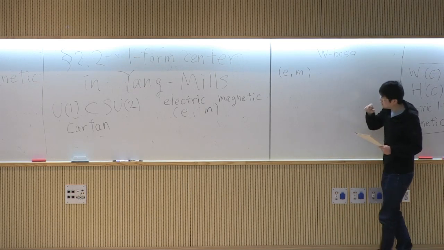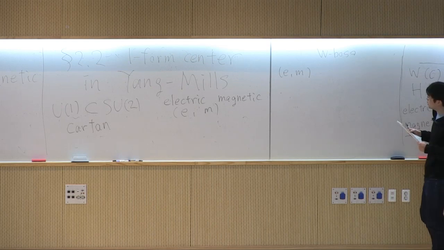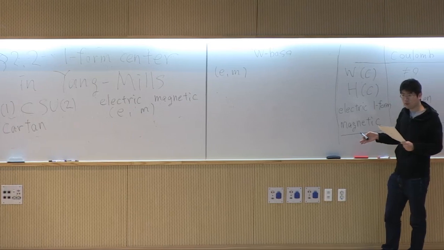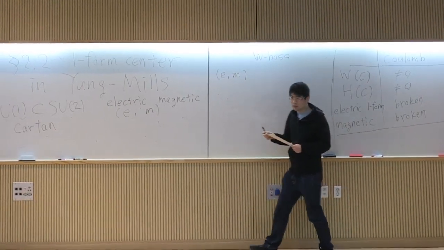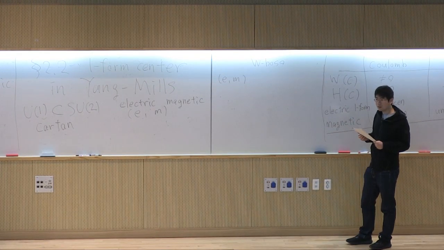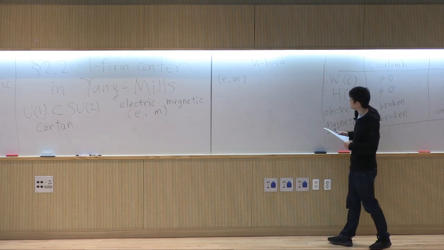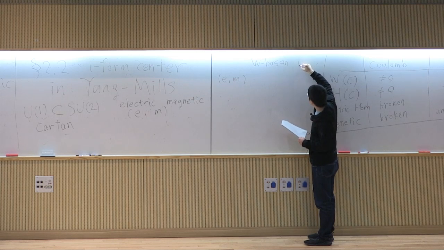So suppose that, for simplicity, there exists some scalar field in the adjoint representation of SU(2), then by giving a vev to the adjoint scalar field, we can go to the U(1) gauge theory by breaking SU(2) to U(1), and then there are W bosons and also magnetic monopoles.